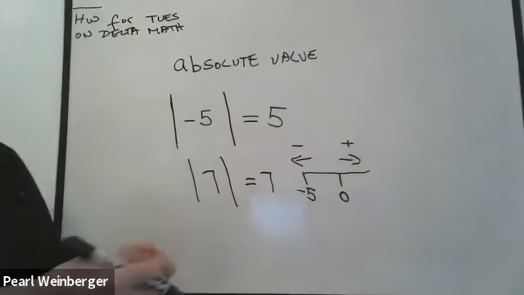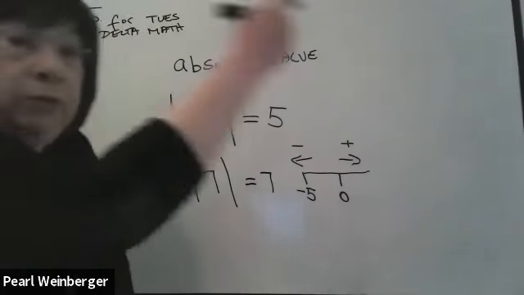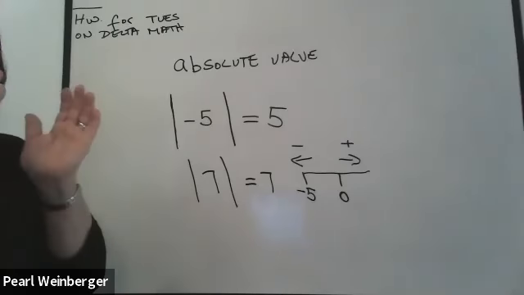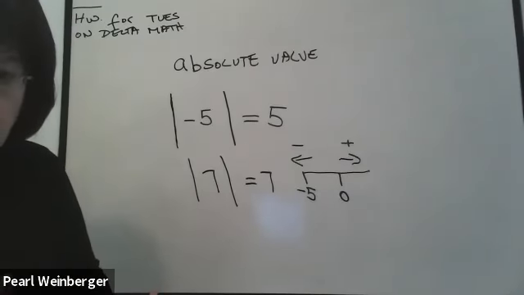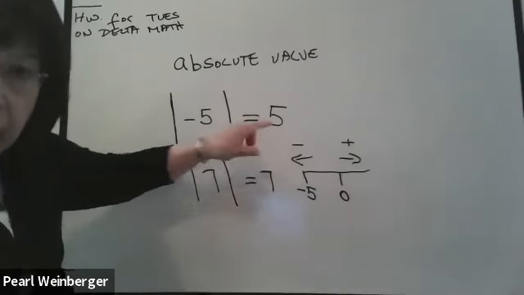And it's clear that it's 5. It means you're going 5 to the left, whereas if you were going +5, you'd be going 5 to the right. But if all I'm interested in is how far did I go, I don't care what direction, then I'm interested in the absolute value.